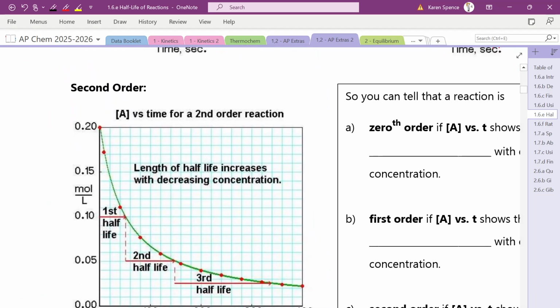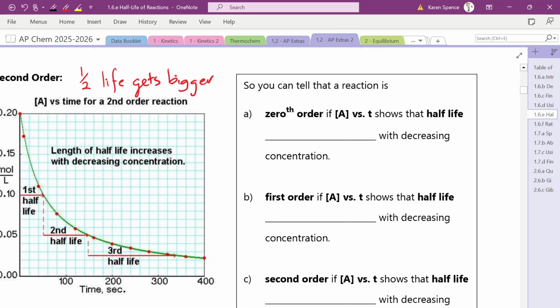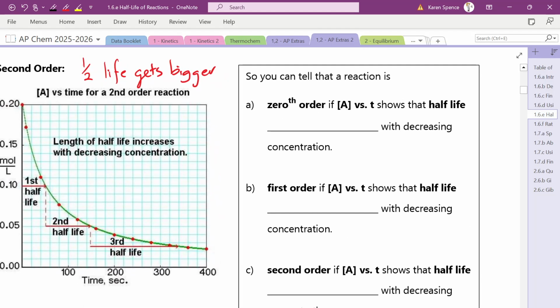And if you graph it and you're like, oh, okay, well, for second order, it increases. My half-life gets bigger for second order. So without doing any of the graphing, that's another way to argue your case for why a reaction is the order that it is. I guess for completion's sake, we should fill in this box over here.